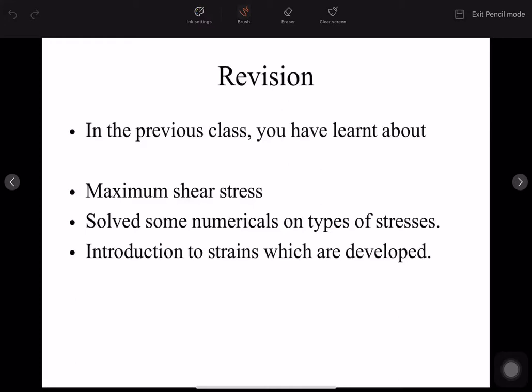In the previous class you have learnt about maximum shear stress, and we have derived an equation for maximum shear stress, which is equal to PD by 8T.